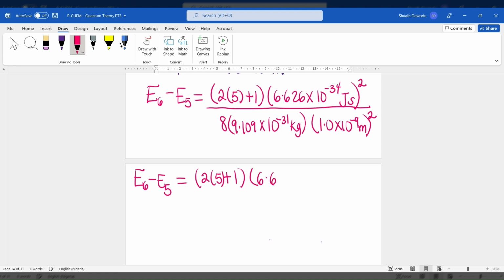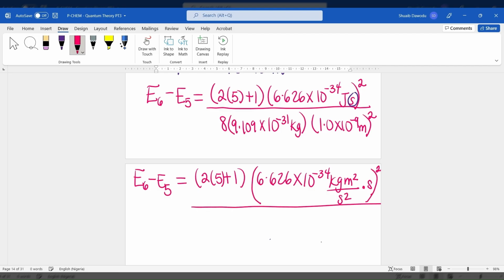So 6.626 times 10 raised to the power of negative 34 kilogram meter squared per second squared. But let's not forget that we have the seconds right here. So we just say multiply by seconds, and all of this information squared. Let me make the brackets here a little bit bigger to show that it's everything we're working on here.